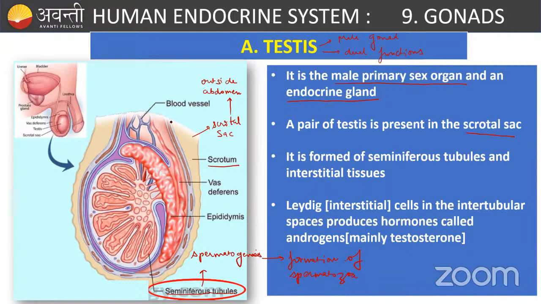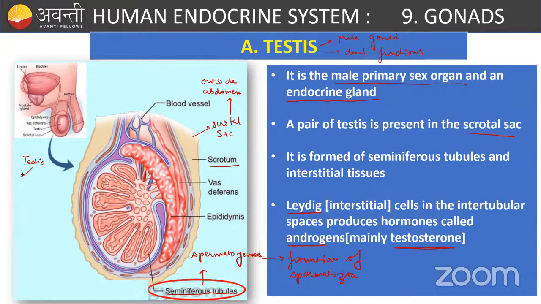Okay, and the Leydig cells in the intertubular space produce a hormone called androgen, and the main hormone is testosterone. So testosterone is the main hormone secreted by the Leydig cells. Let me just draw a flowchart for you.